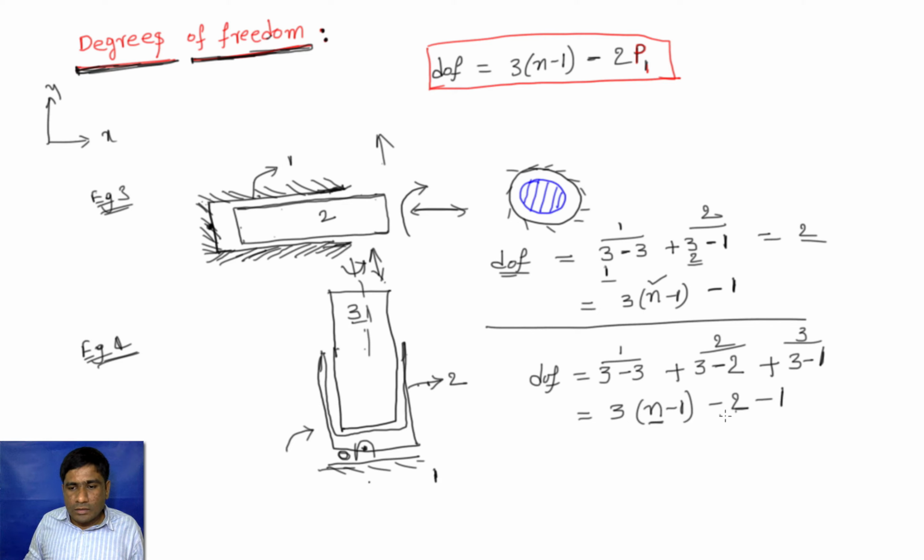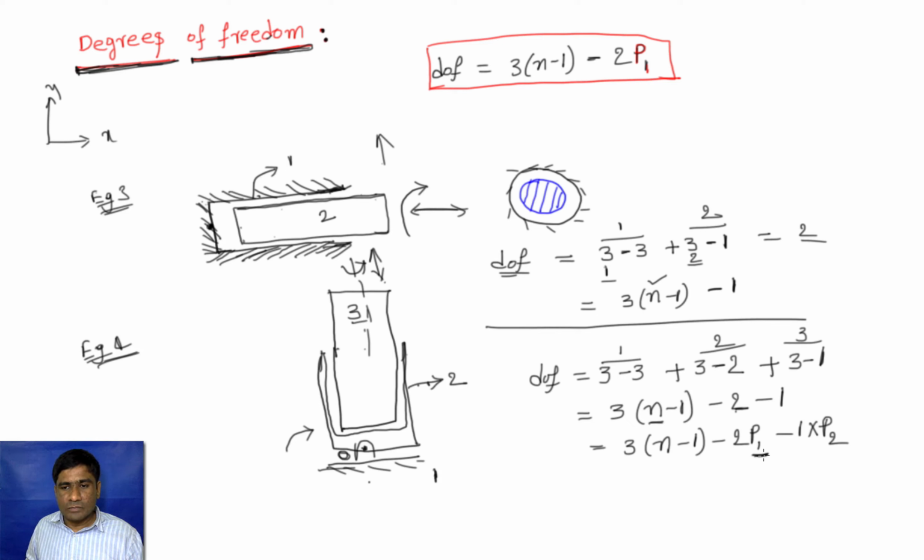So this can be written as 3 into n minus 1 minus 2 into p1 minus 1 into p2.